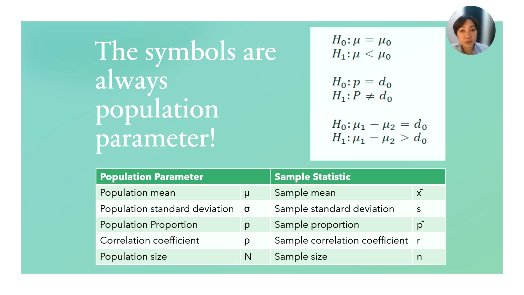That's why we have to put them through tools that could help us create probabilistic statements, making our conclusions more accurate. Well, the gist of that is your hypothesis statement should always have the population parameters as your symbols. Okay, I should never see x bars or p hats in your mathematical expressions of the hypothesis. It should always be population parameter.